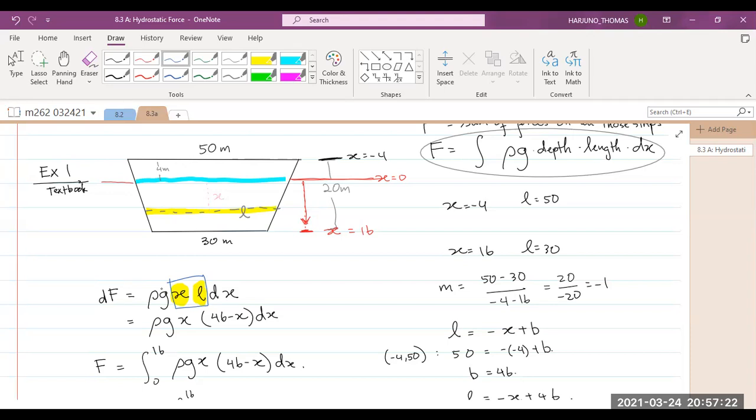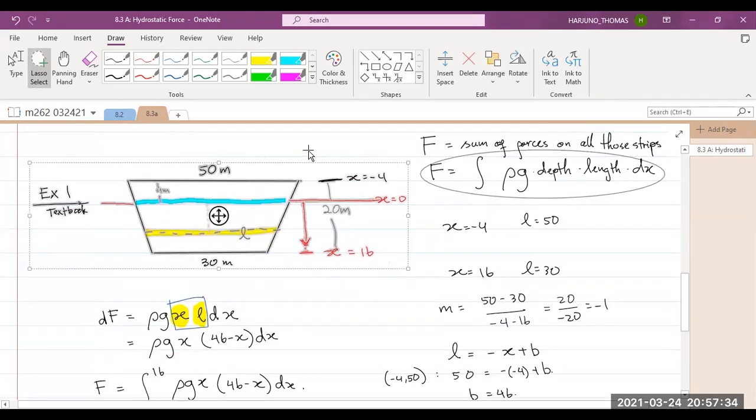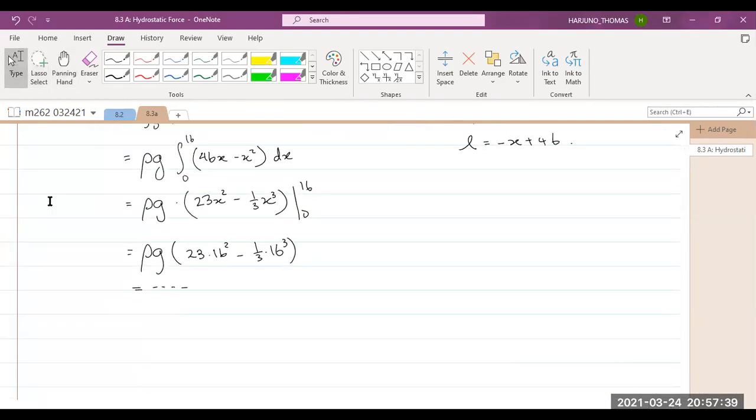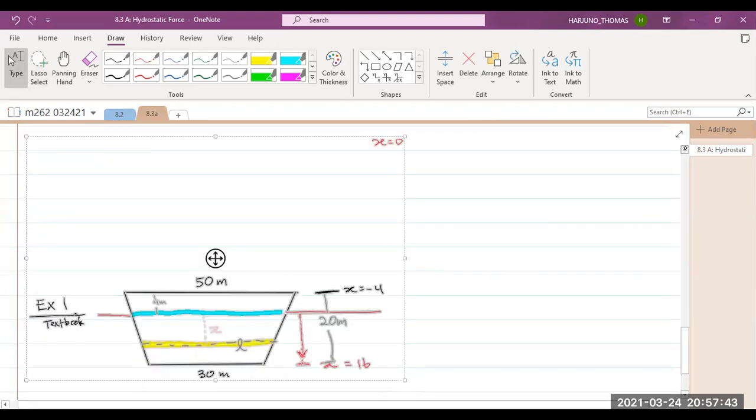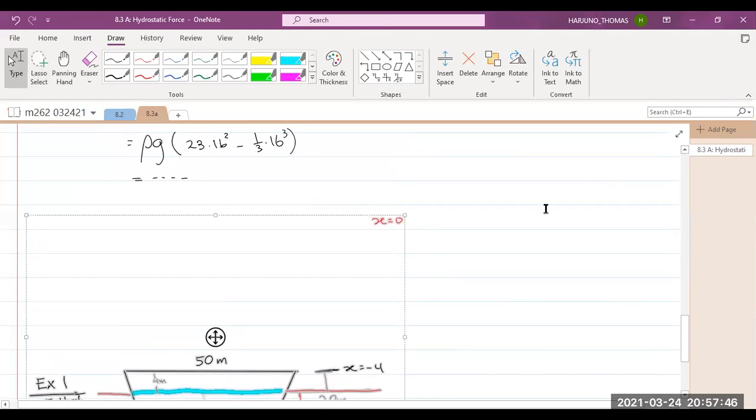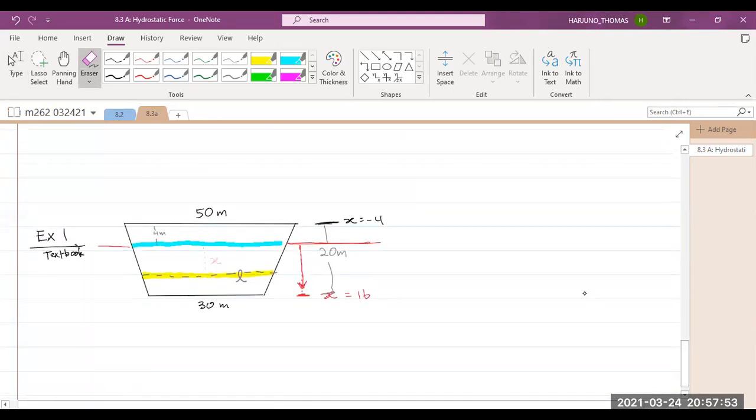How long will the strip be? Now, let me replicate what we have here. Let me copy this and do it with another method. Hopefully by showing you more than one method, instead of getting confused, you see the purpose of each one of them.